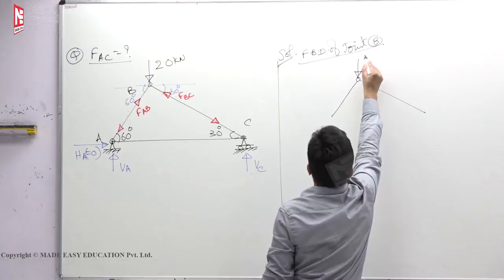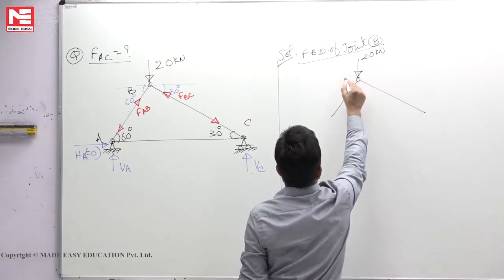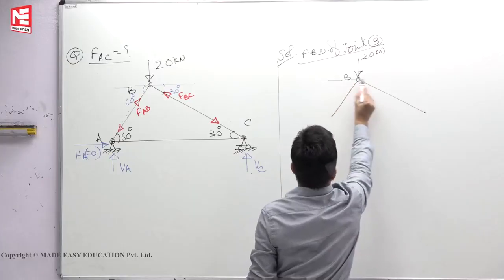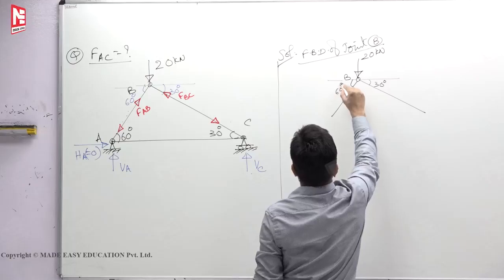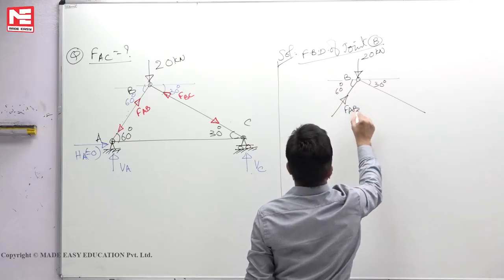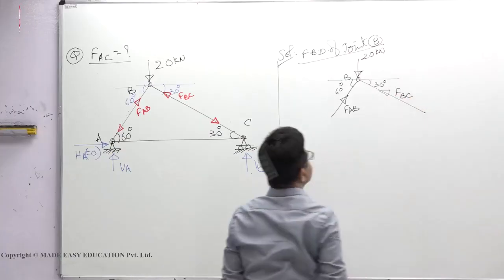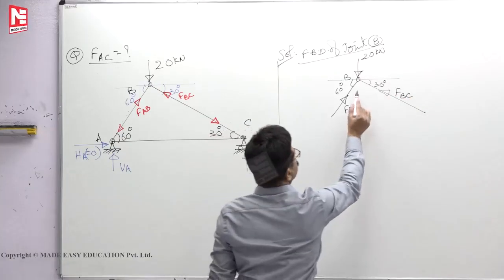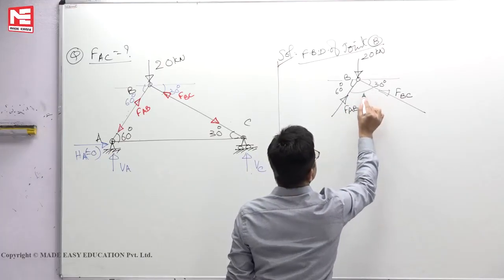This load is 20. This joint is B. 30 degrees, 60 degrees. This is force in the member AB. This is force in the member BC. So, 60, 30, 90 means, so this has to be 90 degrees.